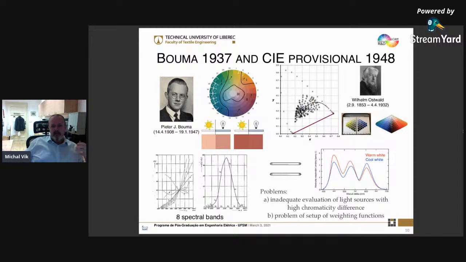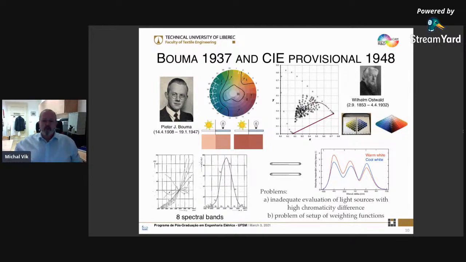At that time he used the Ostwald color system, as you can see on the right side of this slide, because this color system was quite interesting from the point of view of color uniformity and correct description of each sample. That means it was a quite rigorous color order system.